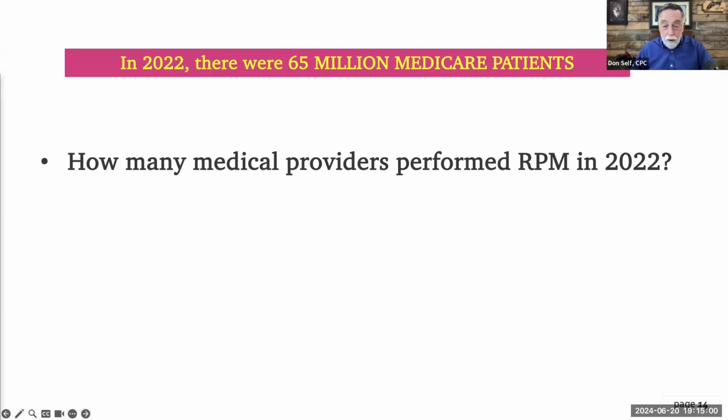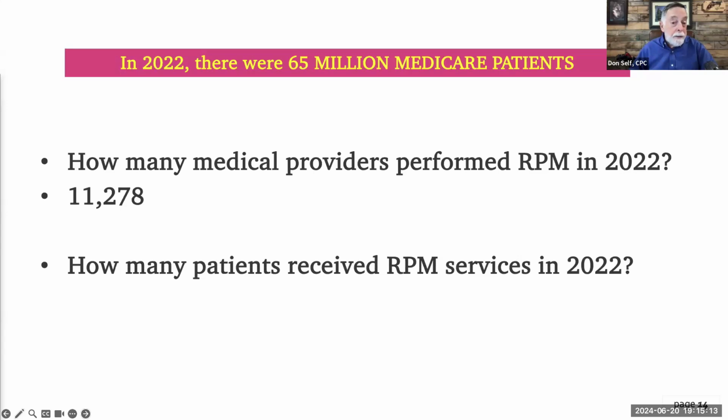Out of all the medical providers in the country, only 11,278, and that's physicians, nurse practitioners, etc. And how many patients do you think got the RPM that year in 2022? 1.3 million out of the 65 million. So the thing is, a lot of your patients are not getting RPM that need it.